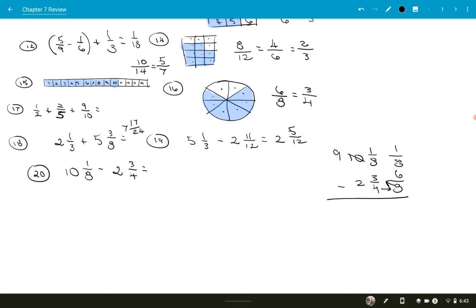We're borrowing 1, and since the common denominator is 8, we're borrowing 8 over 8. So the bottom part stays the same. We don't worry about that. But the numerator, we add that to the top. And so that's going to be 9 over 8. And we're subtracting 6 over 8. And 6 from 9 is 3/8. And then 2 from 9 is 7. So the answer to number 20 is 7 and 3/8.